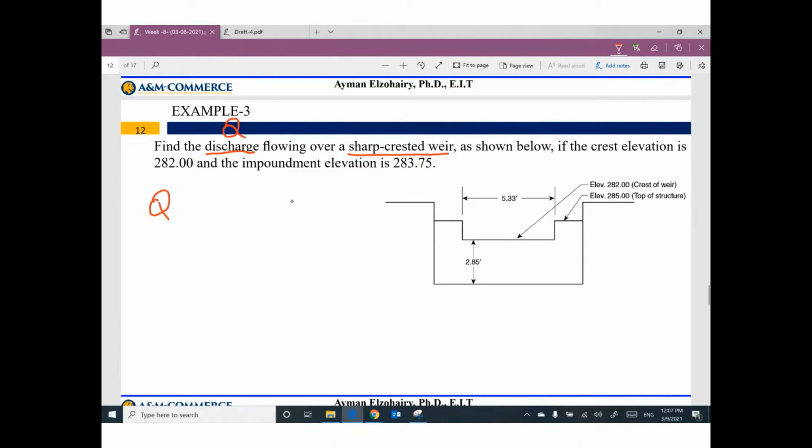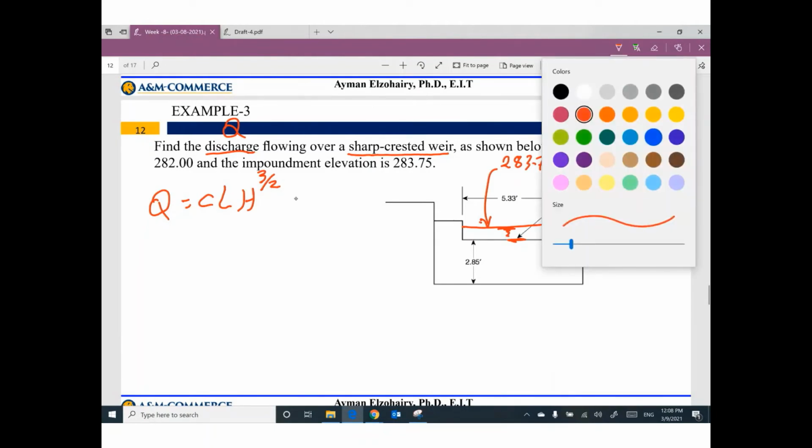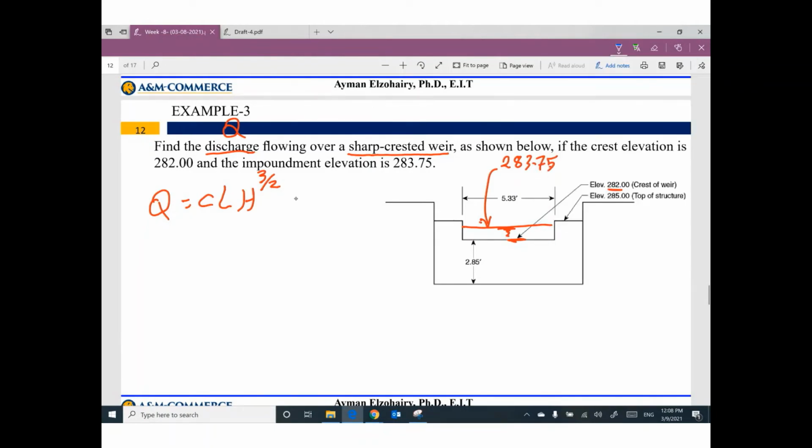So the discharge equals C L H to power 3 divided by 2. If the crest elevation, this elevation at the top of the weir, is 282, and the impoundment water elevation, it should be here, what is the elevation here? 283.75. What is the value of C?